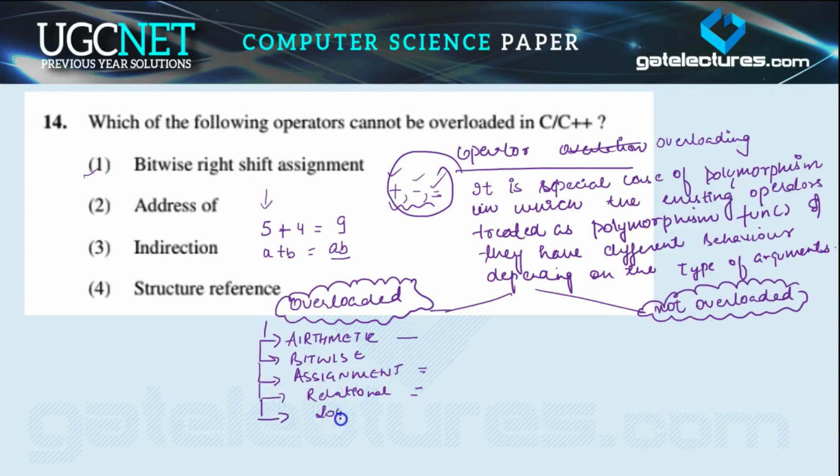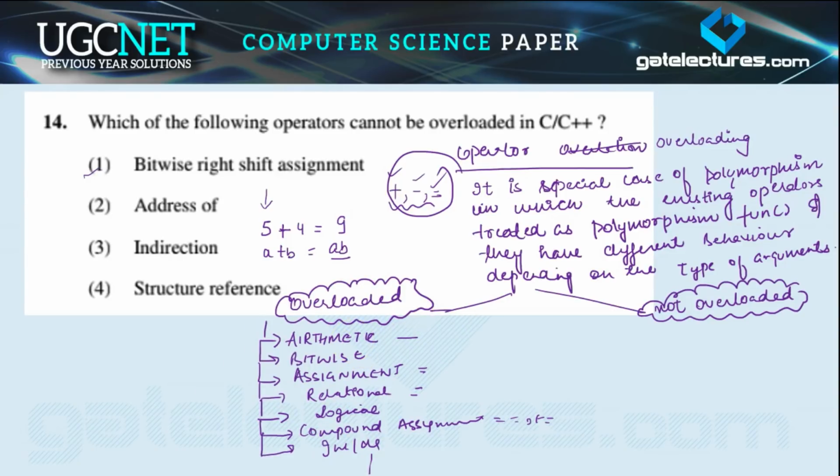Now the next one is logical, same, and, or. Now the next one is compound assignment, like plus equal to. All these kinds of operators are overloaded. Increment, decrement, and so on. All of these operators are overloaded.